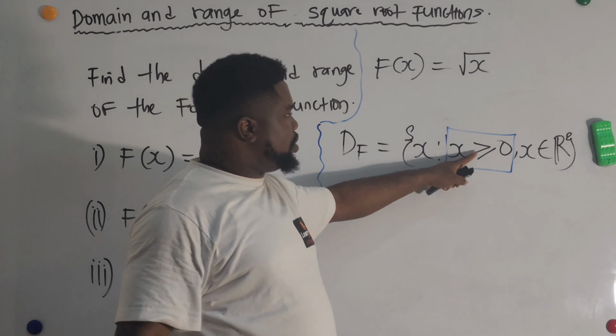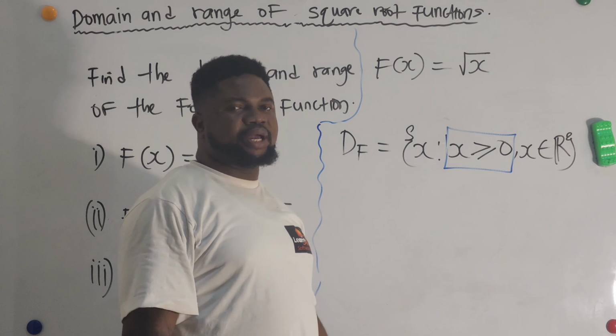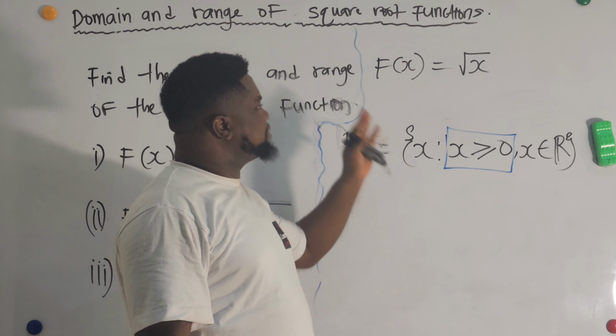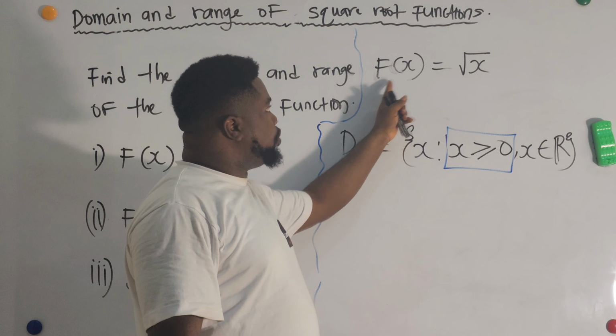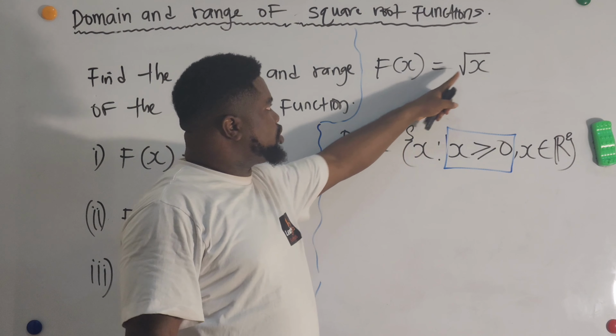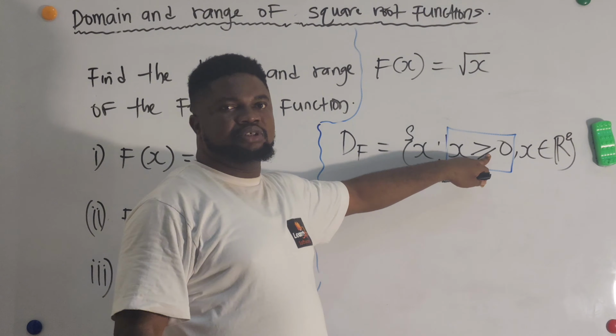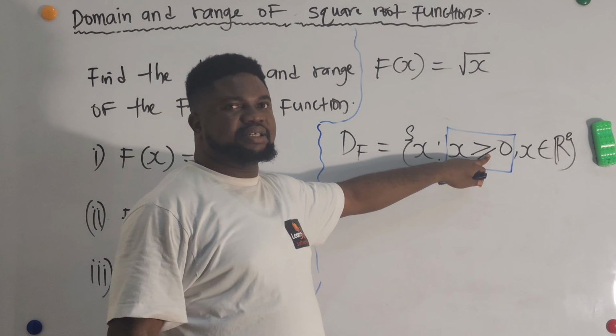Numbers bigger than or equal to 0 are the non-negative numbers we have. These are numbers that will work in this function. So once x becomes any number within this range, then you have an answer.